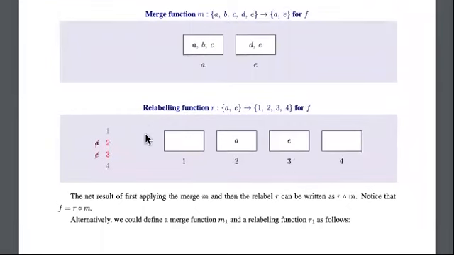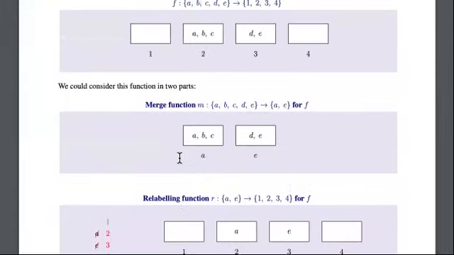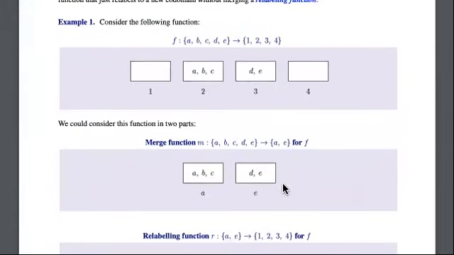Notice that the relabeling function is injective. And the merge function right here is, in this particular case, if we choose the image of the merging to actually be the codomain, surjective.